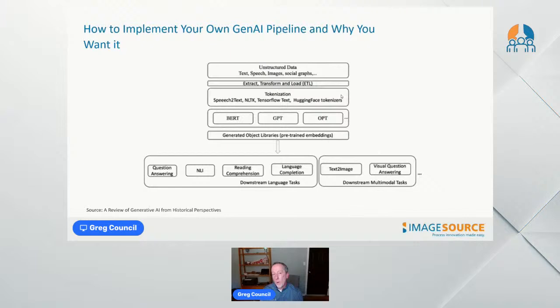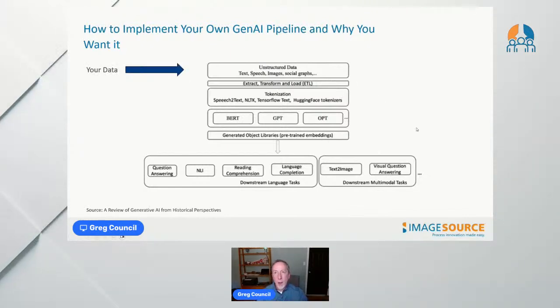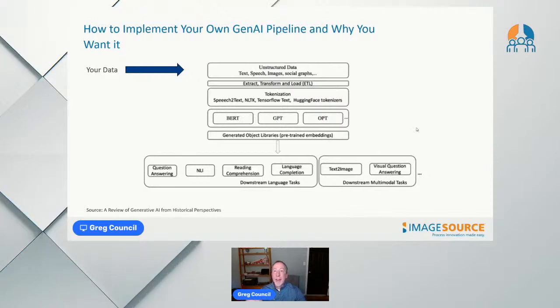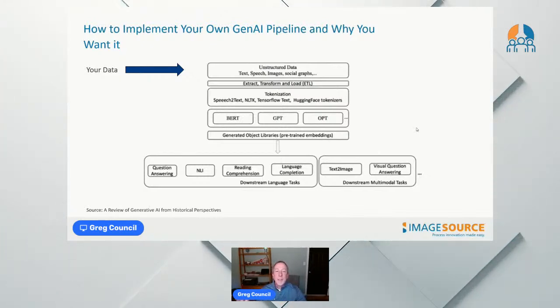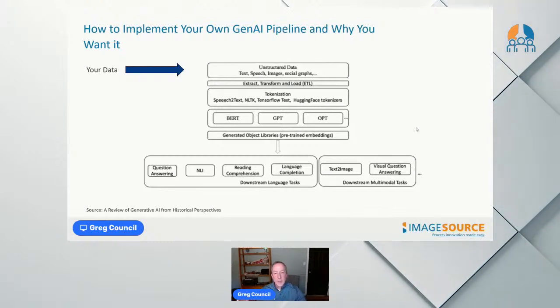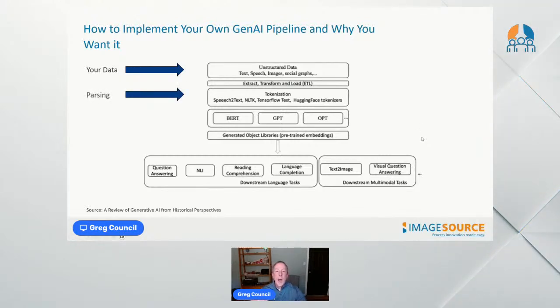But what we've done before that is we've taken your data. This could be in the form of all sorts of help aids, documents, knowledge bases, and we're taking that information. It could be any type of unstructured information. Then we're going to pull it out of those systems and parse it and do what is called tokenization.